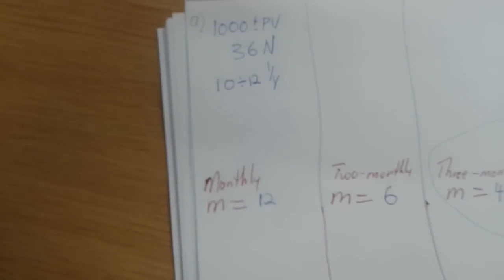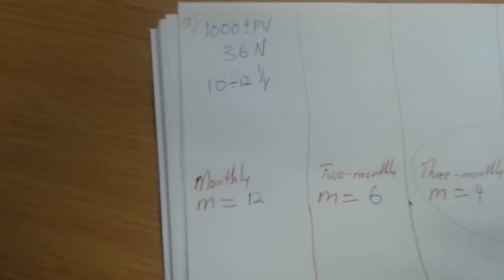You decide. So my I, I'm going to say 10 divided by 12. Why? Because remember, my calculator is set at 1 period per year.